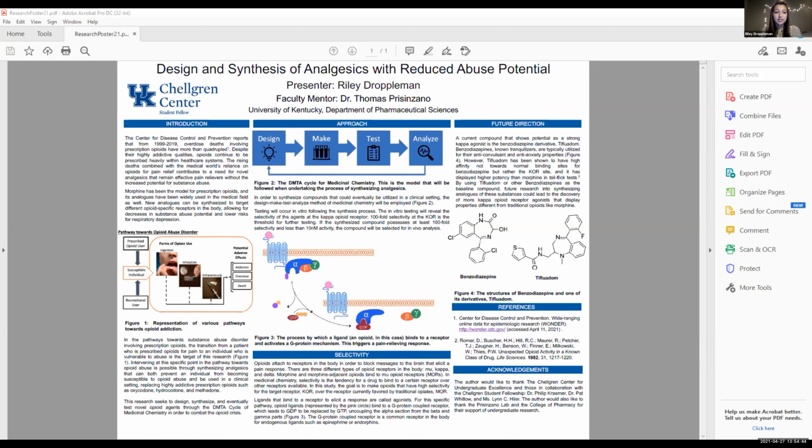They choose that site over any other receptor, and the binding is very strong at that moment. I have a statistic in here that actually talks about how tiflodome has this affinity at this site, and they also display a higher potency than morphine in some cases.